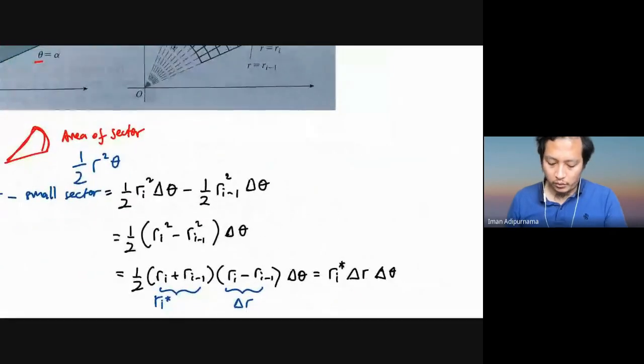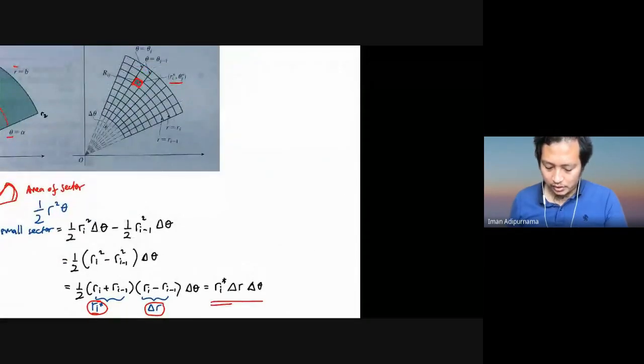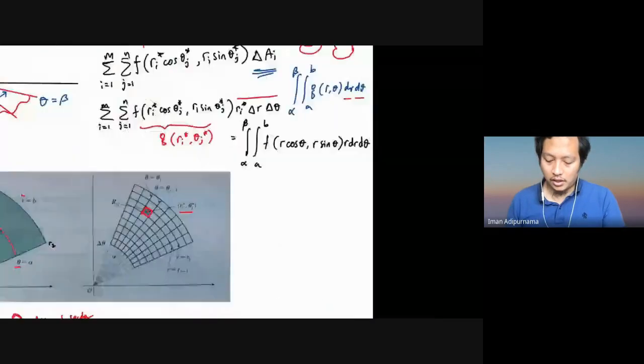That is why we have the r_i here and delta r.